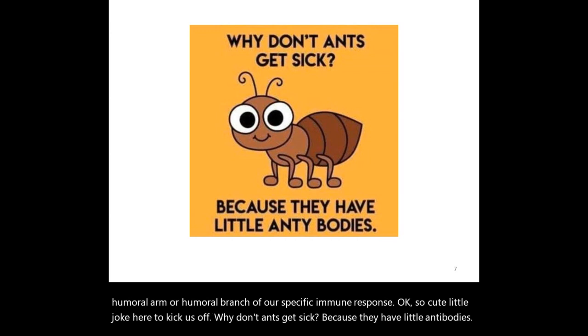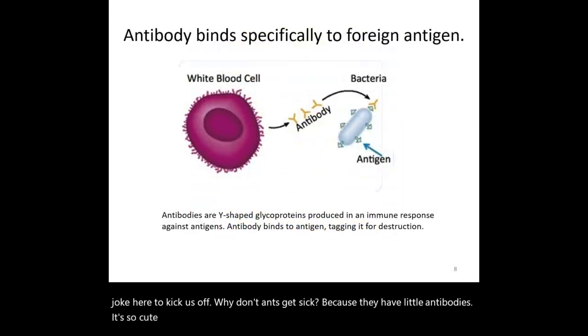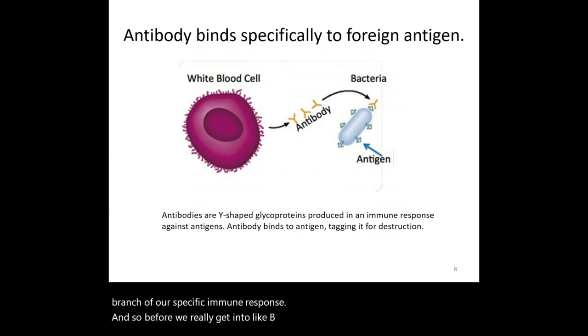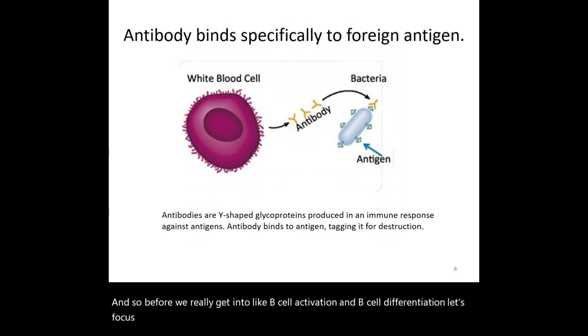Oh, it's so cute. Okay, so we are focusing on our humoral response, that first arm or branch of our specific immune response. Before we really get into B cell activation and B cell differentiation, let's focus on the outcome, the antibodies, because it's really important that you understand how antibodies work.